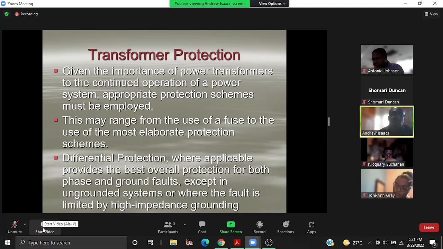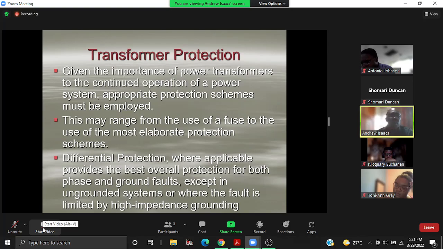Now, in terms of continued operation, a fault that is created in any part of the network on the line, the fault current will have to pass through the transformer, because the transformer, technically speaking, is taking power from the generator. And so the generator has to provide that fault current.